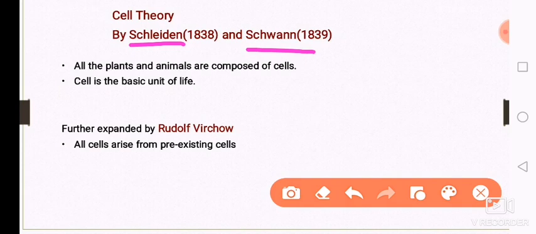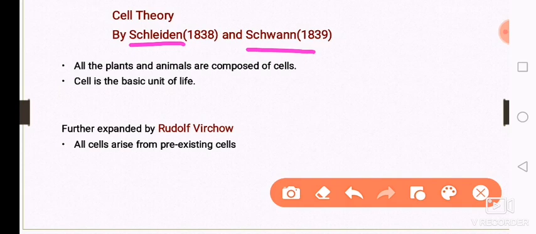The first point was that all plants and animals are composed of cells. The second point was that the cell is the basic unit of life present in all living organisms. These were the two main points given by the scientists Schleiden and Schwann. You have to learn the spelling of these names and the correct pronunciation. Later on, a scientist called Rudolf Virchow added one more point.